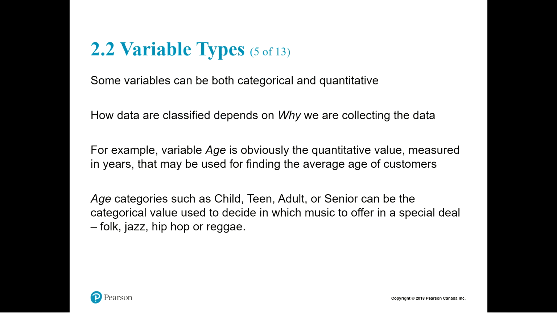Just like in the little test that we did, you can have the average of your shoe size, let's say. Age categories such as child, teen, adult, or senior can be the category value used to decide which music to offer a special deal. In this case, you know, what's listed here. That way you can have age as categorical and also quantitative.